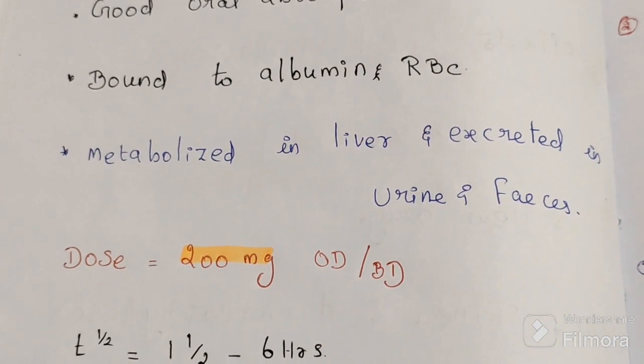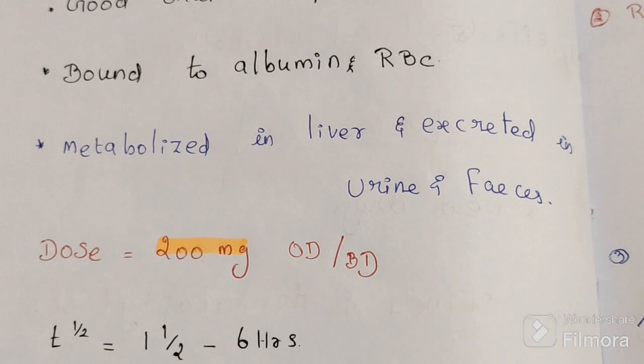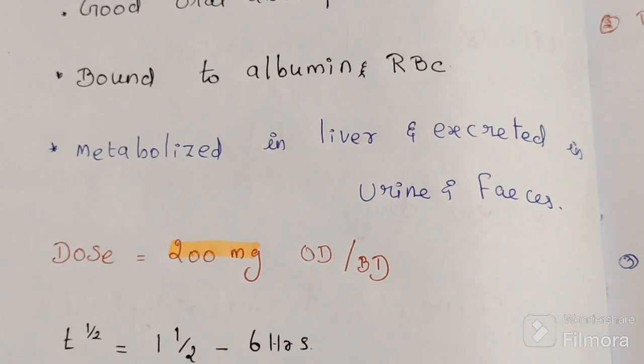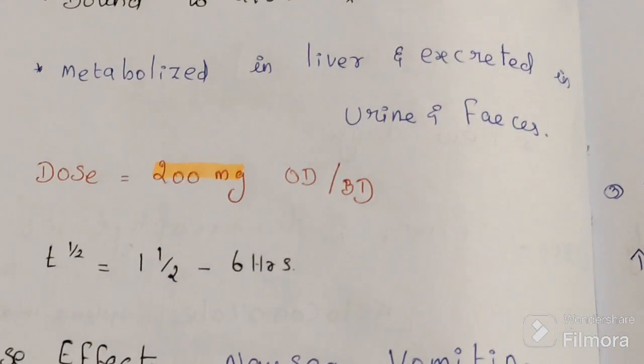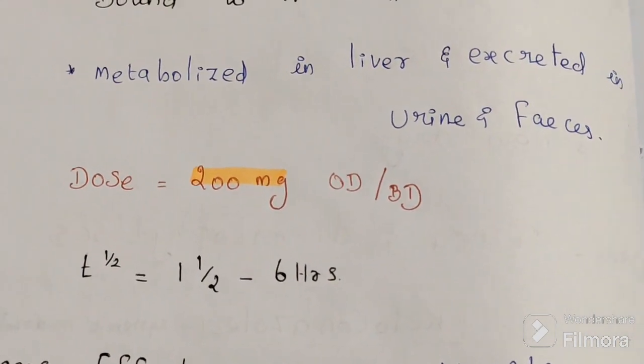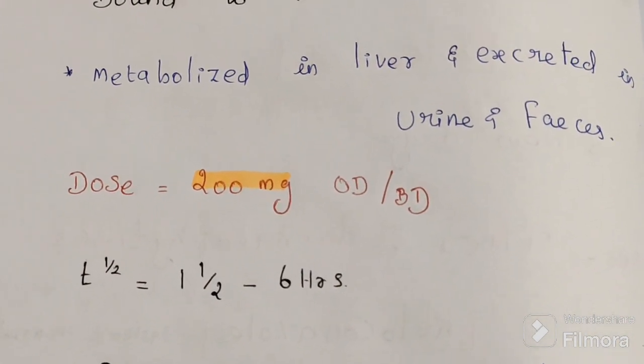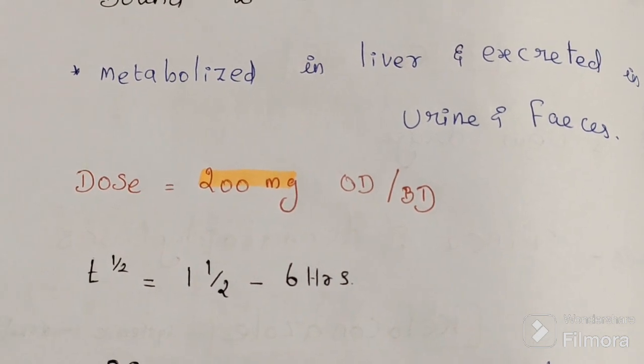The dose of ketoconazole is 200 mg OD. The half-life of the drug is 1.5 to 6 hours.